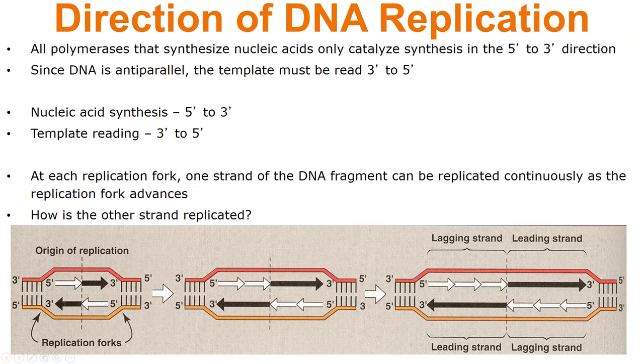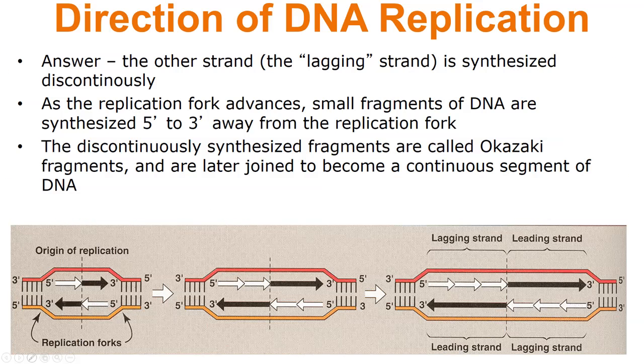As the helicase moves along and opens it up, we can just keep making that strand. The problem is, immediately below that, we're also replicating that strand, but in order to synthesize 5' to 3', we actually have to go away from the replication fork. So that creates an issue that we need to solve. So how can that happen?